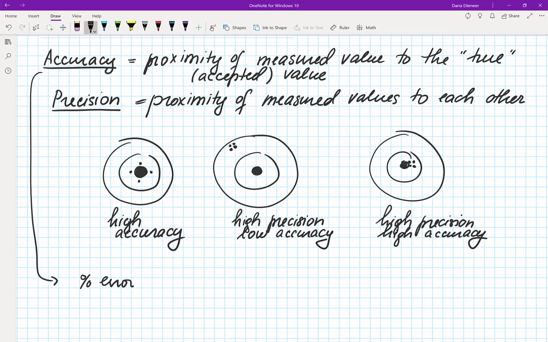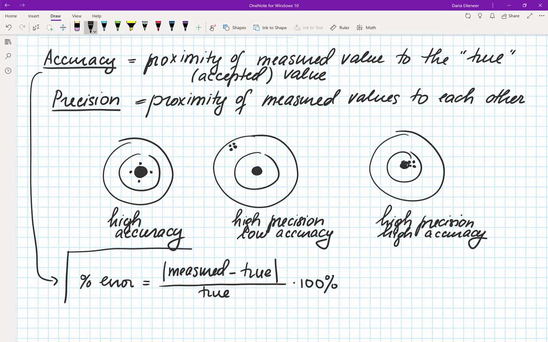So percent error is defined as the measured value minus the true value, the actual value, the accepted value, whatever you want to call it, divided by the true value and multiplied by 100%. I'm going to box this because this is one of the equations that we're going to need in this class. So again, percent error is a comparison to the true value.